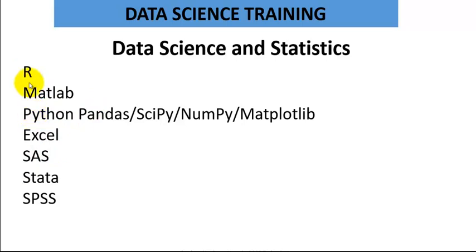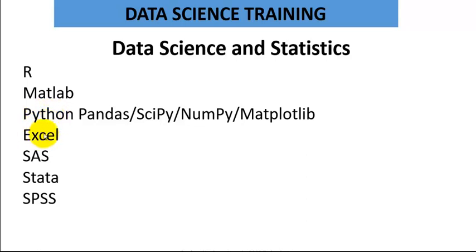R, MATLAB, and Python, the first three, are data science tools, while the others are traditional statistics tools. I hope you are getting that. Now, if you want to do data science, you can decide to go by R. You can decide to use MATLAB. You can decide to use Python. In our case, our data science, we are using Python.